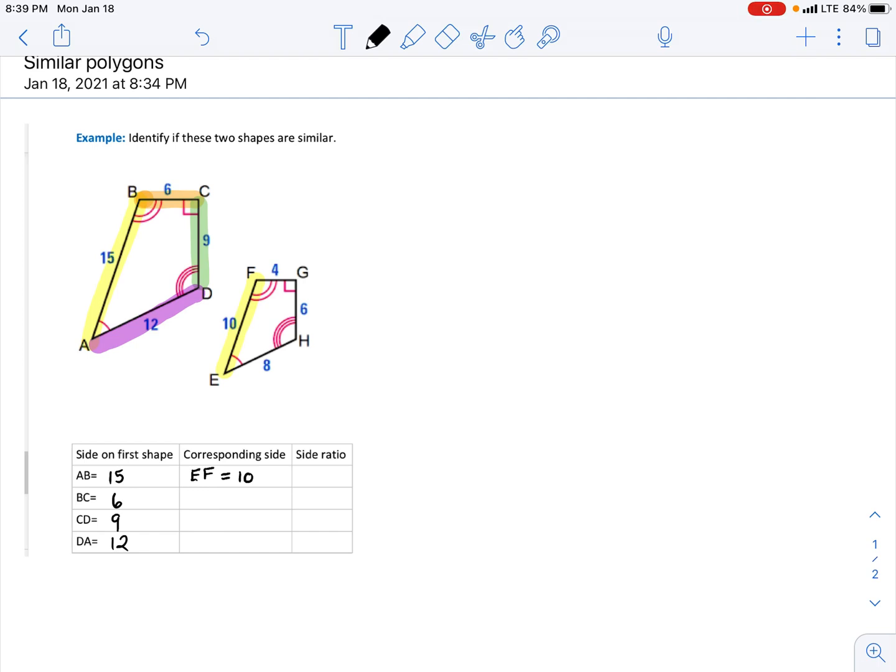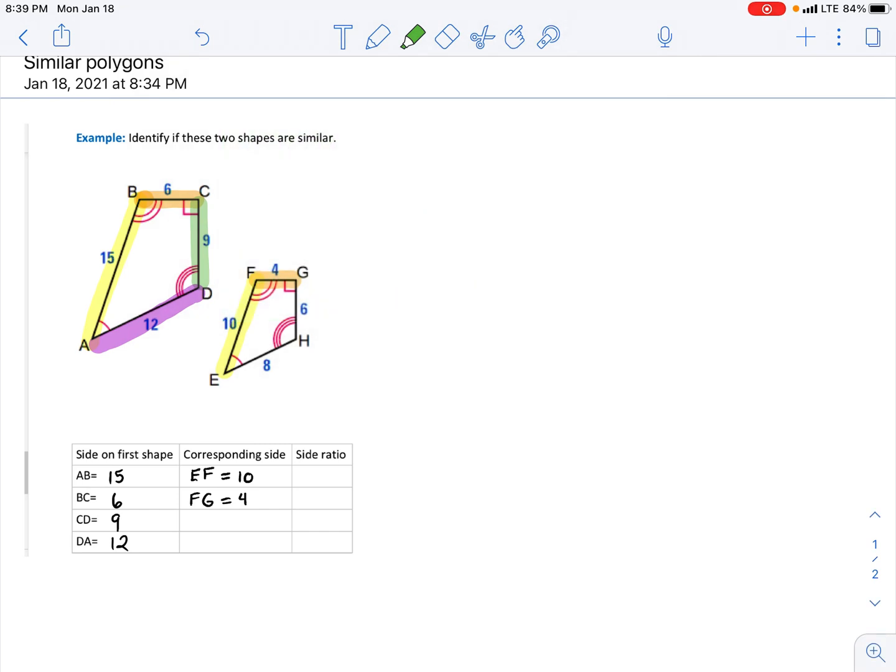Okay, next I'm going to look and determine my corresponding side for BC, and hopefully we all agree here that that's going to be FG. So here I'm going to write FG, and then its length here is 4.